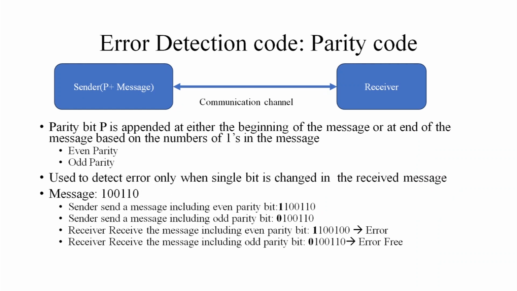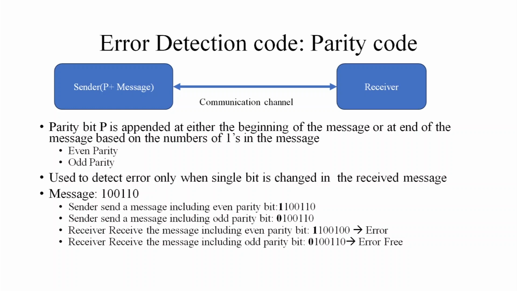What is a parity code? Generally, when a sender sends a message to a receiver, the sender includes some parity bit P at either the beginning of the message or at the end of the message. It means the parity bit is included as an LSB or as an MSB during transmission of the message.